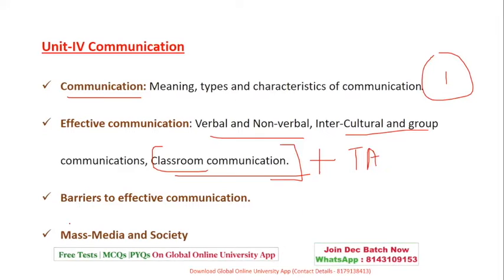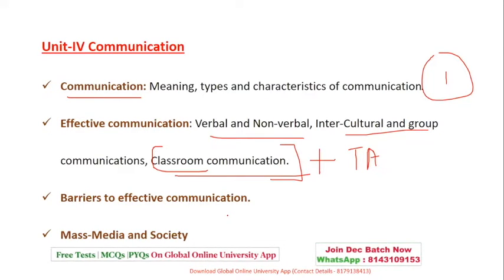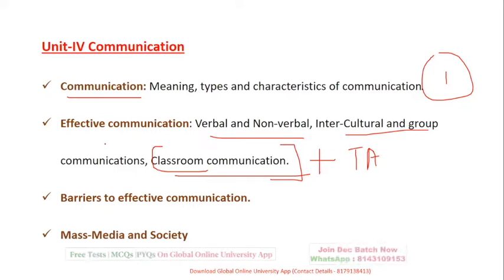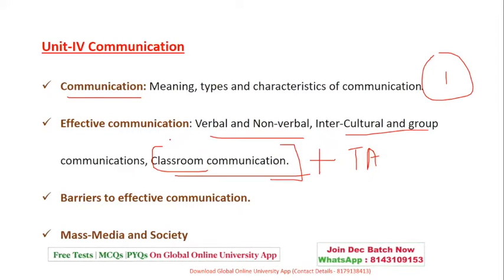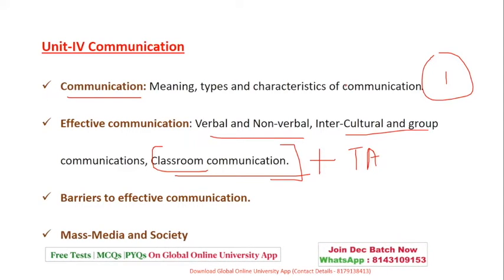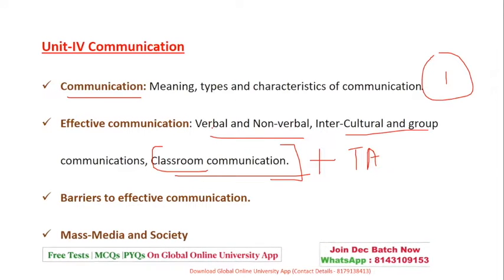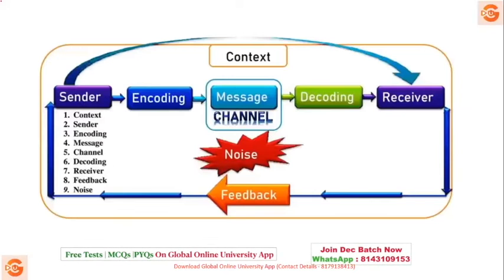You should be able to understand barriers of effective communication, mass media and society. The syllabus is a bit small for this unit, but you need to be very careful, because 5 questions are there, and the questions can be from the interior part of the theory, so you have to be completely prepared for this unit. So now let's start.